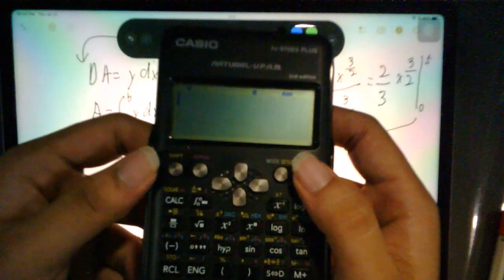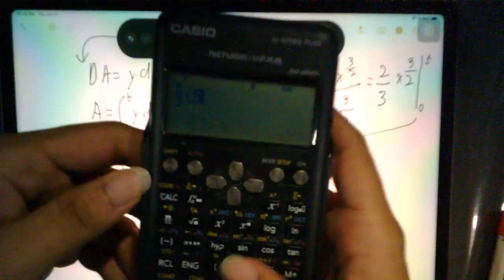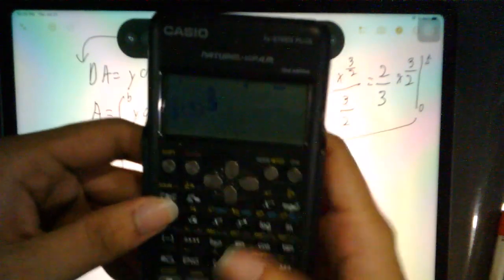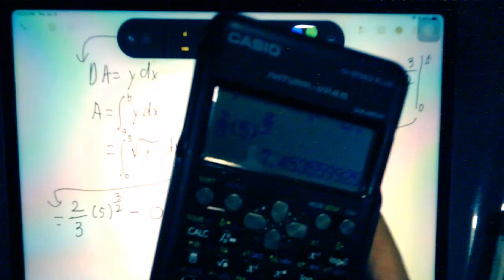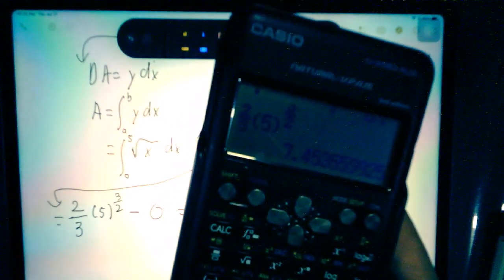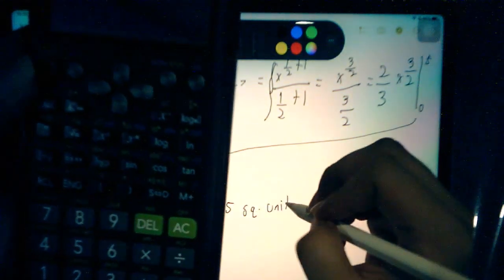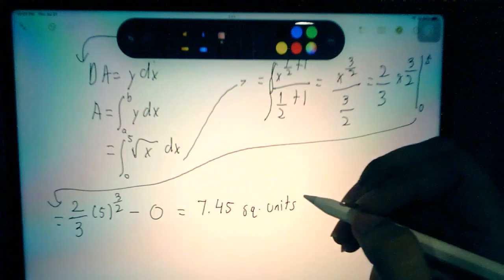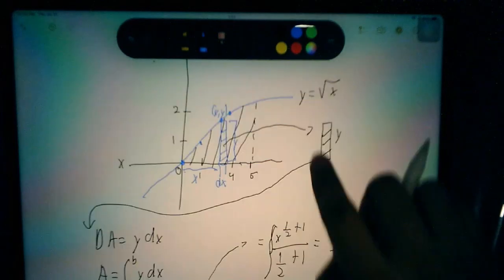By plugging in the values, 2/3 times 5 raised to 3/2 is equal to 7.45. So 7.45 square units. Now this is our answer to our example number 2.